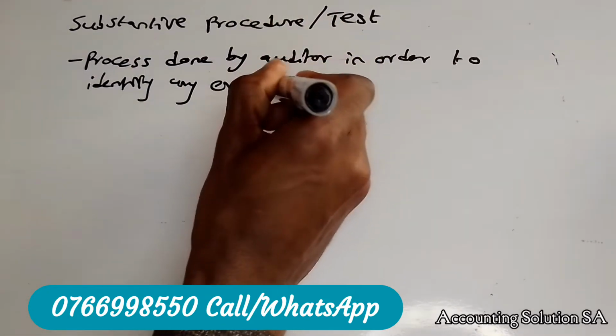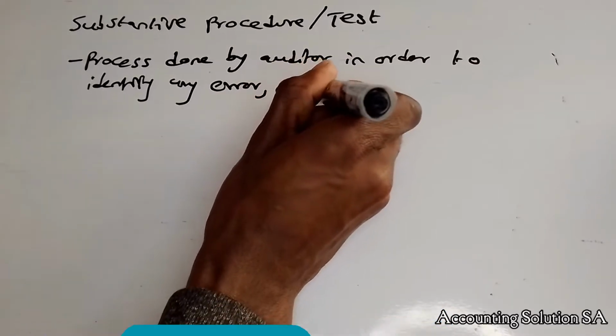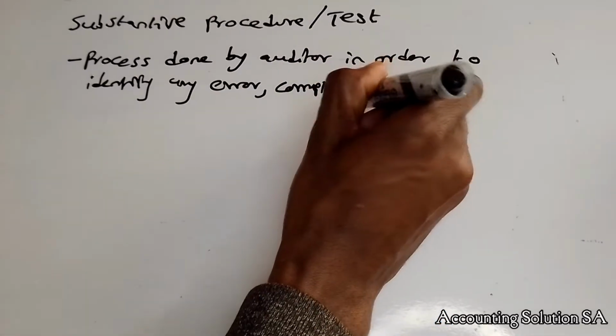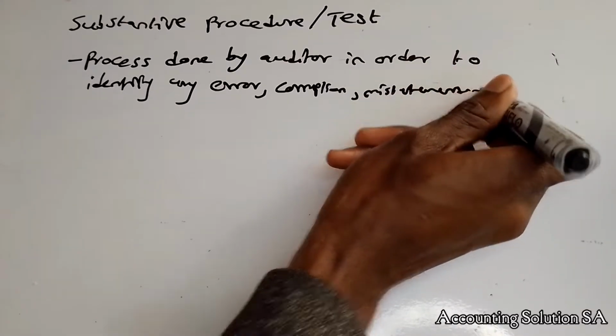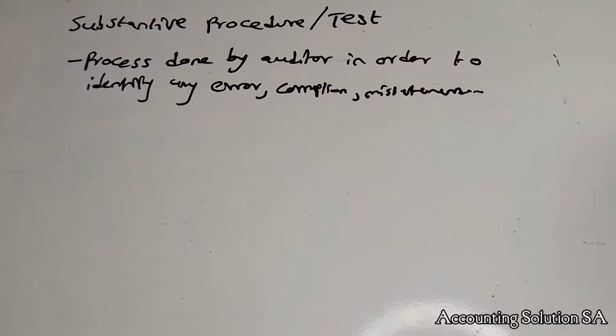It can either be error or corruption or misstatement that has been done by those who were responsible for preparing a financial statement, or those who were responsible for preparing any documents that they were preparing during the year.